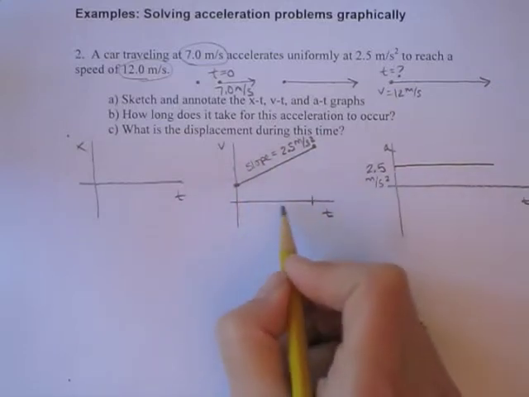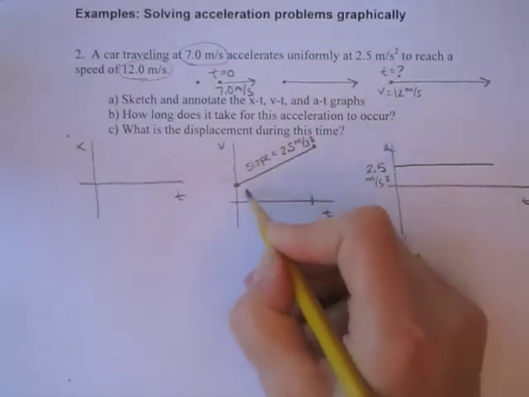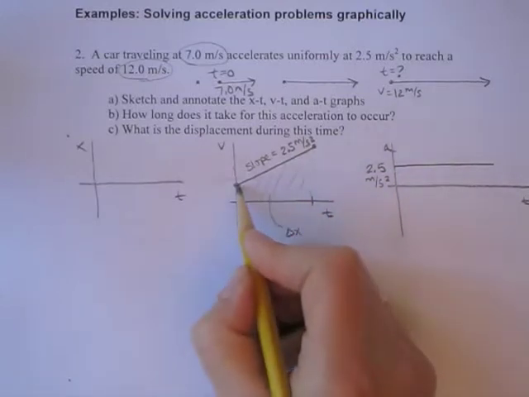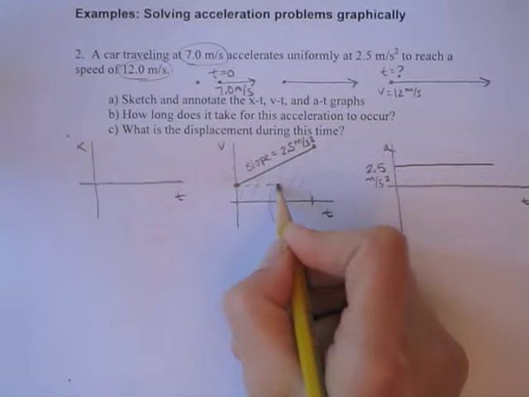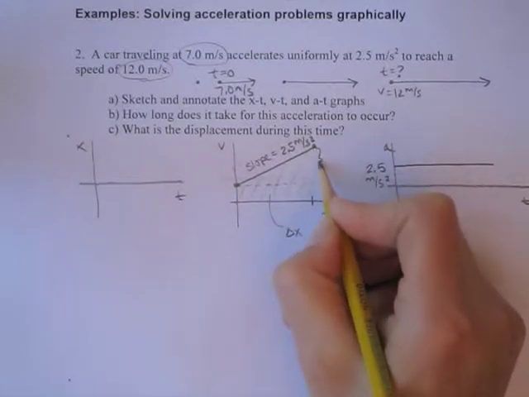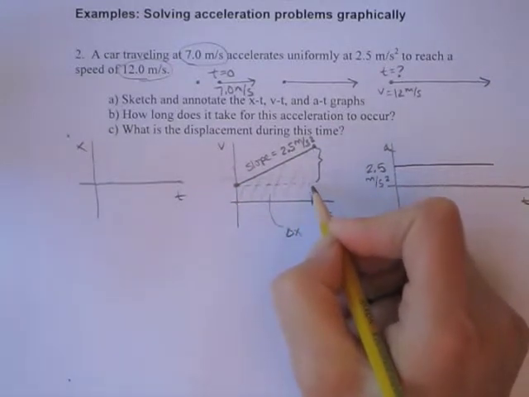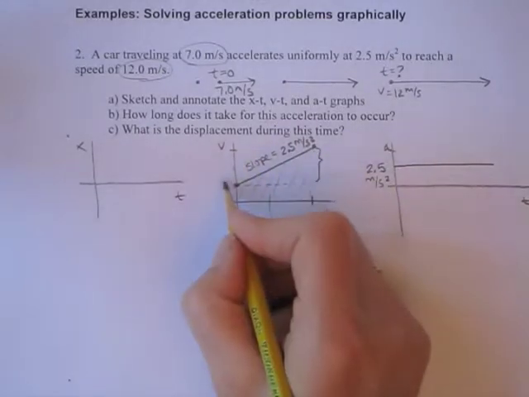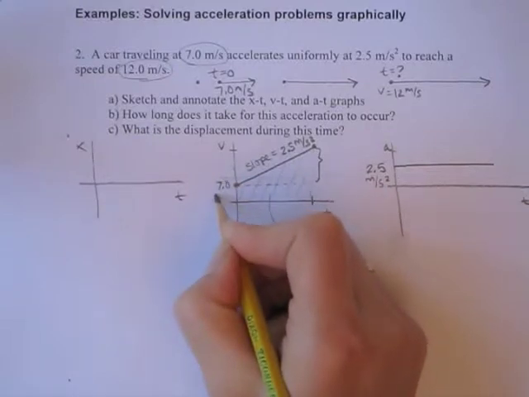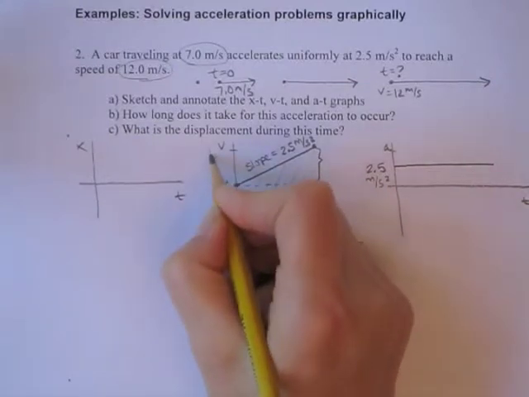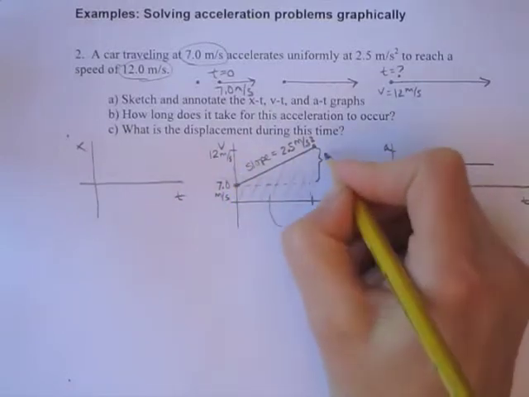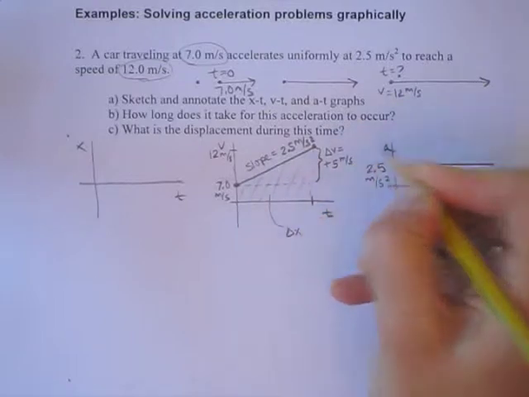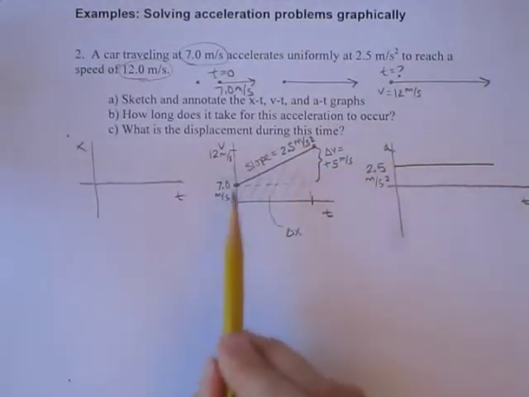Now, in the velocity-time graph, we know that the area would be the displacement, and from here to here, this height would be the change in velocity. So from the initial velocity to the final velocity, that change in velocity went from 7 to 12. So that change in velocity is positive 5 meters per second. I think that's all I can label on that graph.